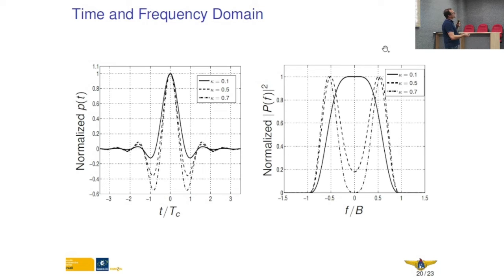And on the right-hand side, we see the power spectral density of these chip pulse shapes, and then also of these spread spectrum signals, if we assume that the spreading waveform is random. We see that here in a solid line for kappa 0.1. Kappa 0.5 is here in the dashed curve.